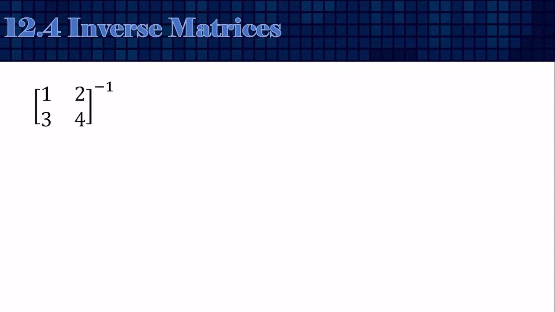All right, so let's find the inverse matrix of 1, 2, 3, 4. So we're going to start by filling in the formula. It's 1 divided by the determinant times mixing it up. So the downward diagonal trades places. The upward diagonal changes sign. So that's 4 minus 6.